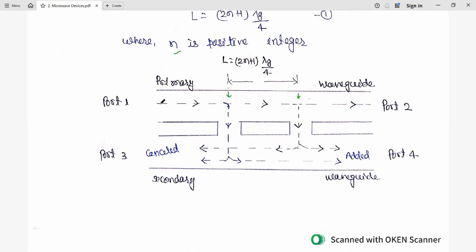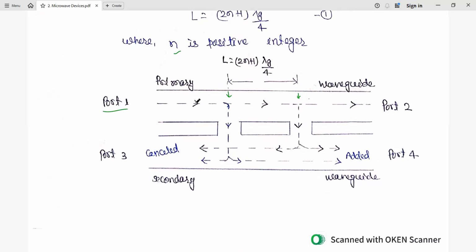And already you know that there will be no transmission from port 1 to port 3, as well as from port 2 to port 4. Now the source is connected at port 1. Here you can use two different colors to write in the exam.